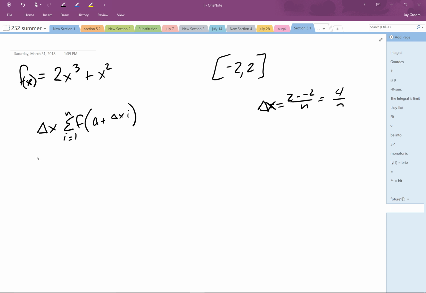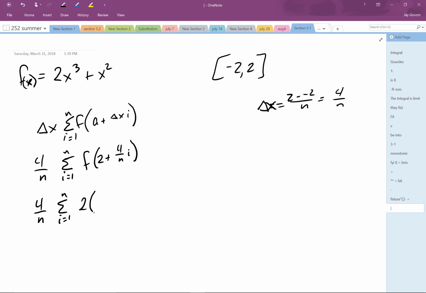That's in general what I'm doing. So 4 over n times the sum, i goes from 1 to n, of f of, it's going to be 2 plus 4 over n times i, and I'm just going to continue blowing this up.